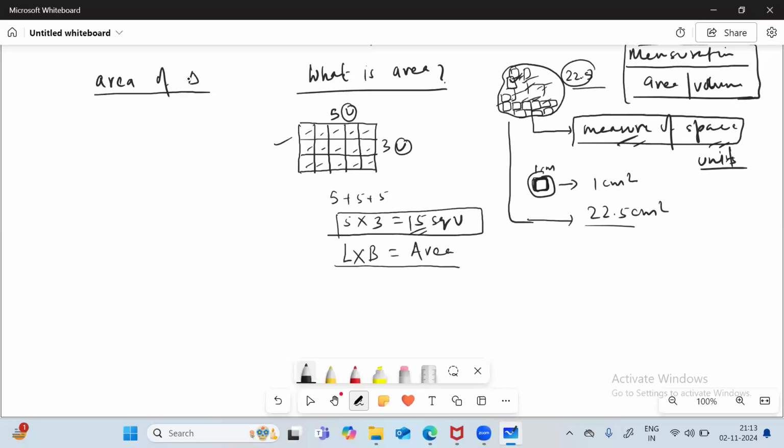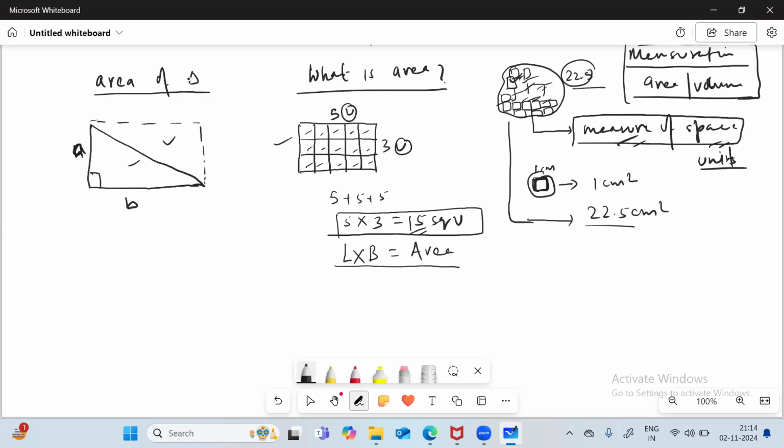So if we have a triangle as a part of a rectangle, that means if I have a right angle triangle, in which one side is H and one side is B, and this H is not the hypotenuse H, let's say it is A and B. So this right angle triangle can be visualized as half of this rectangle.